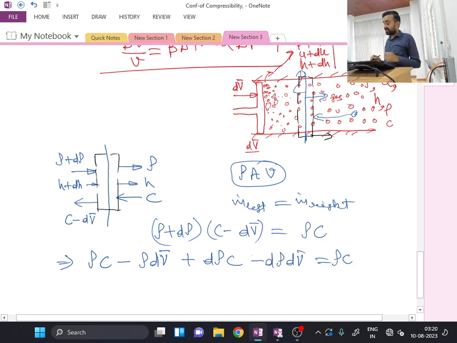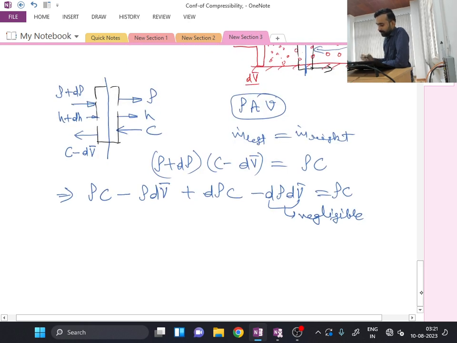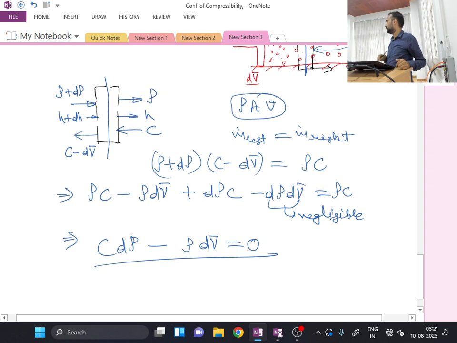So rho c will cancel, and once again, because d rho and dV bar are infinitesimally small, their multiplication will also be negligible. So ultimately what I will get is c d rho minus rho dV bar is equal to 0. Is this point clear?